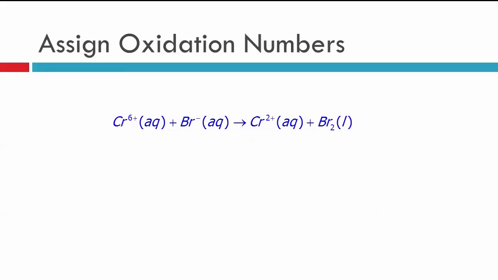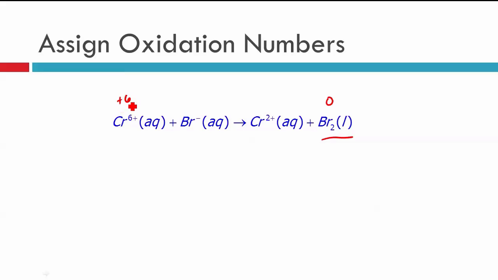So first, assign the oxidation numbers. Important note is that if we have a species like Br2 here, that's a non-combined species, so automatically the oxidation number is going to be 0 for both of those bromine atoms. Another rule of oxidation number assigning is that ions have the oxidation number that matches their charge.